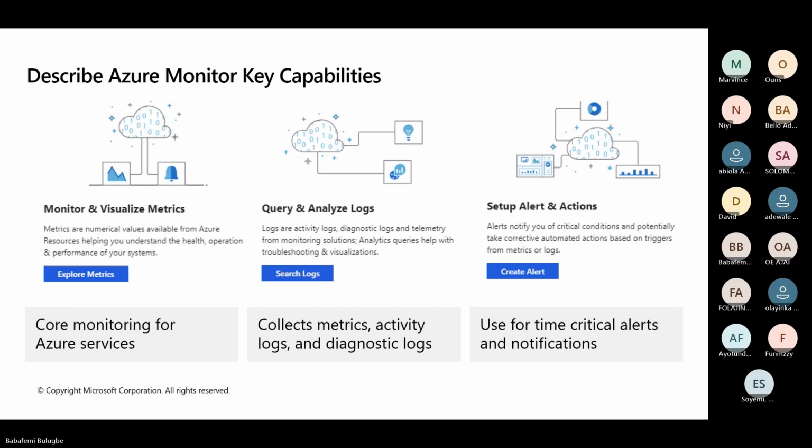A typical example is a virtual machine that is hosting our application. We want to get some numerical metrics about that particular infrastructure. We want to know when that virtual machine's CPU usage gets to a particular threshold: 80%, 90%, 95%.